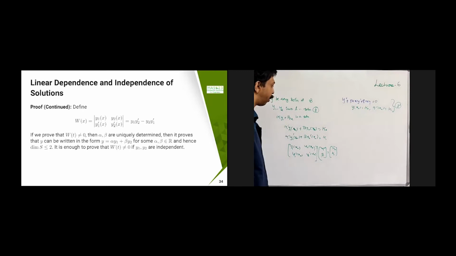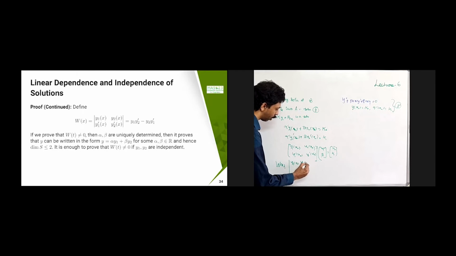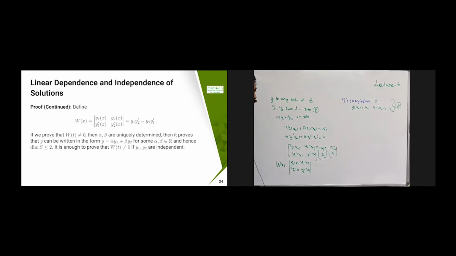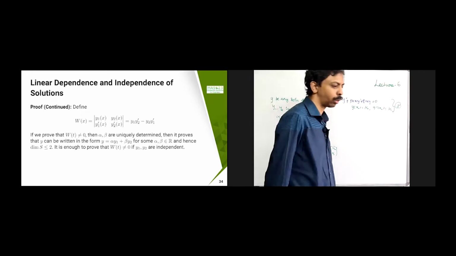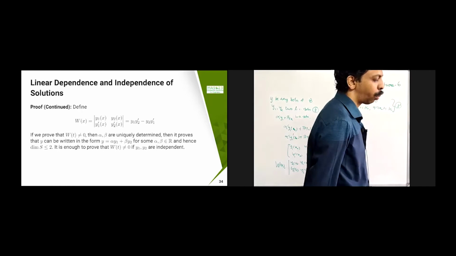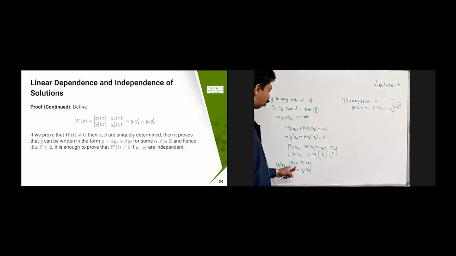So now let us define W of x. W of x is nothing but the determinant with rows y1 of x, y2 of x, and y1 dash of x, y2 dash of x. This I am going to define as the Wronskian, which is y1 y2 dash minus y2 y1 dash. Now, if we prove that W of t is not equal to 0, then alpha and beta are uniquely determined.